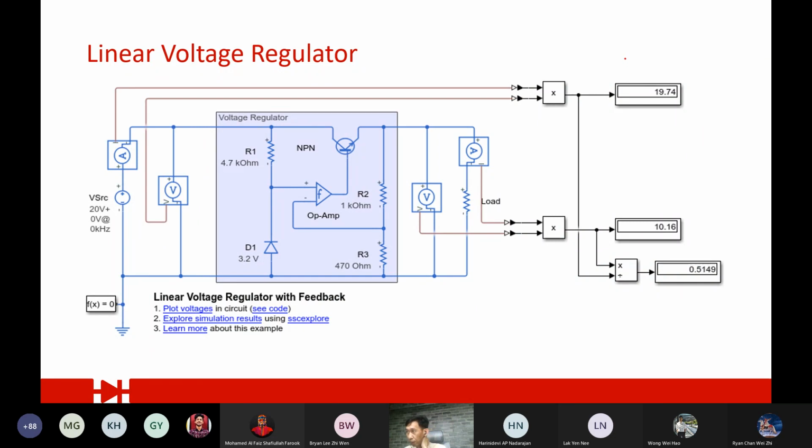This is your input power, the current and wattage from the input, and also the current and wattage at the output, which is here. You take the output and divide it by the input, and you get the efficiency. What you get is that the efficiency is only 51%.